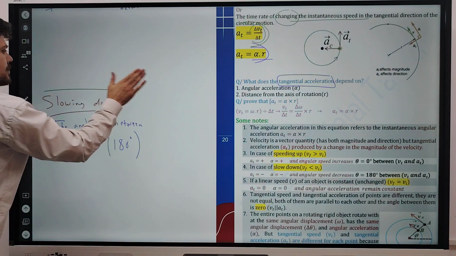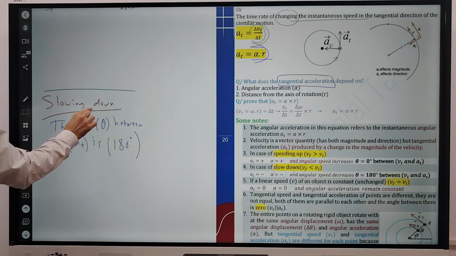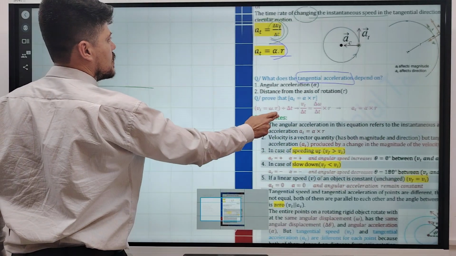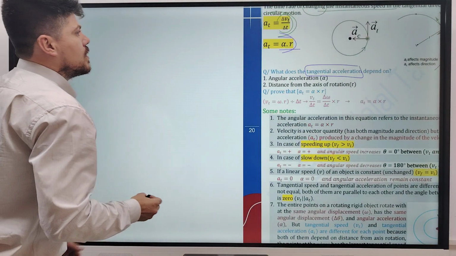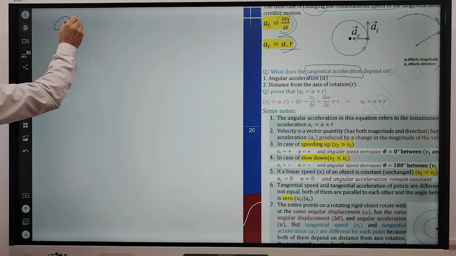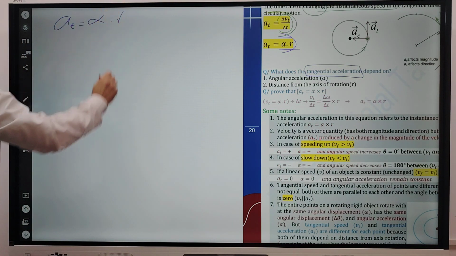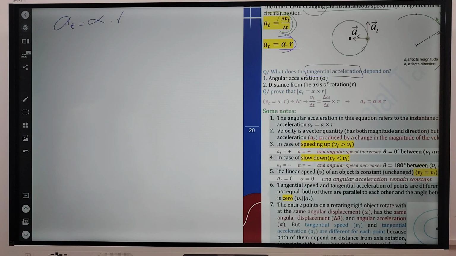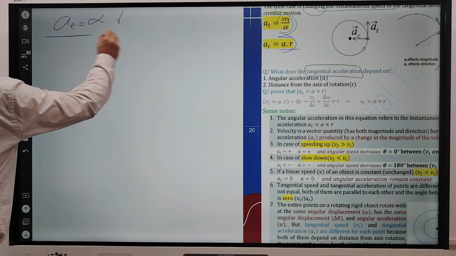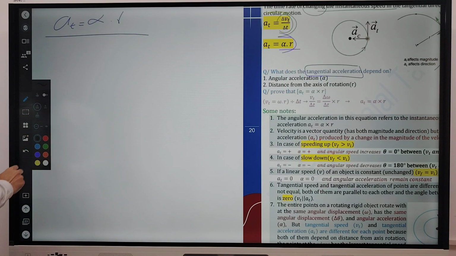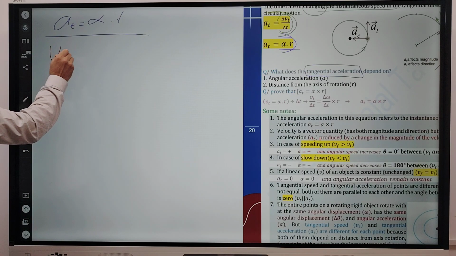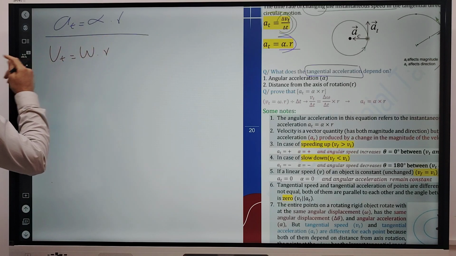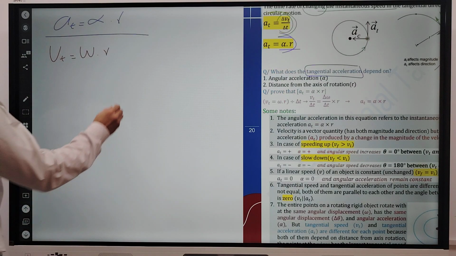Okay, to prove this equation, At is equal to alpha times r, angular acceleration times the distance from the axis of rotation, we have to start from the equation Vt is equal to what? Omega r, the equation of tangential speed.